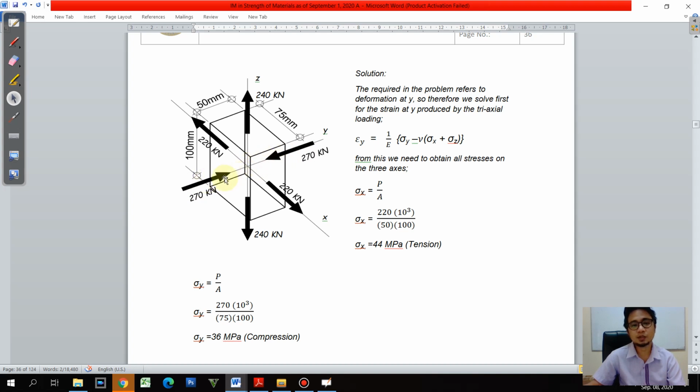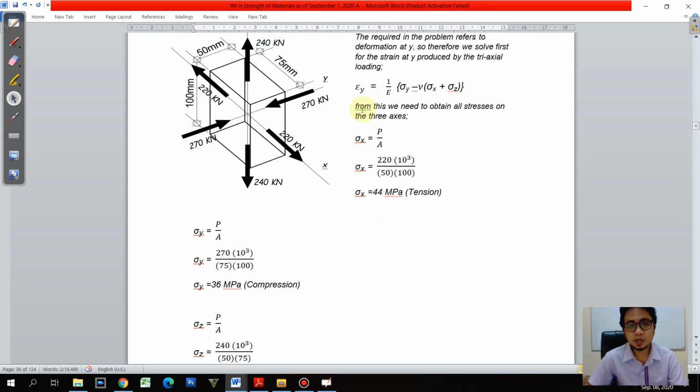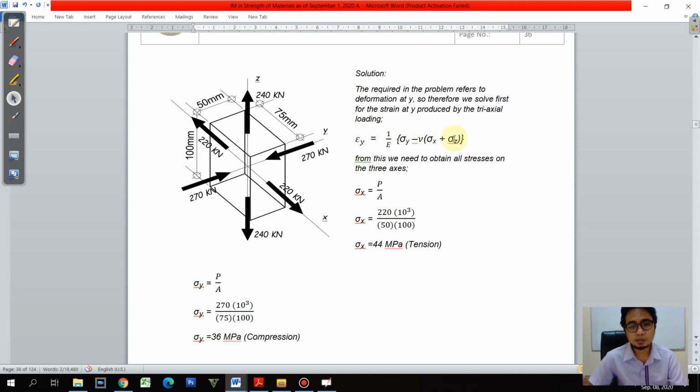So, that is in compression. The strain in y should be negative in nature. So, anyway, this is the formula. By triaxial deformation, we have strain at y is equal to 1 over E.